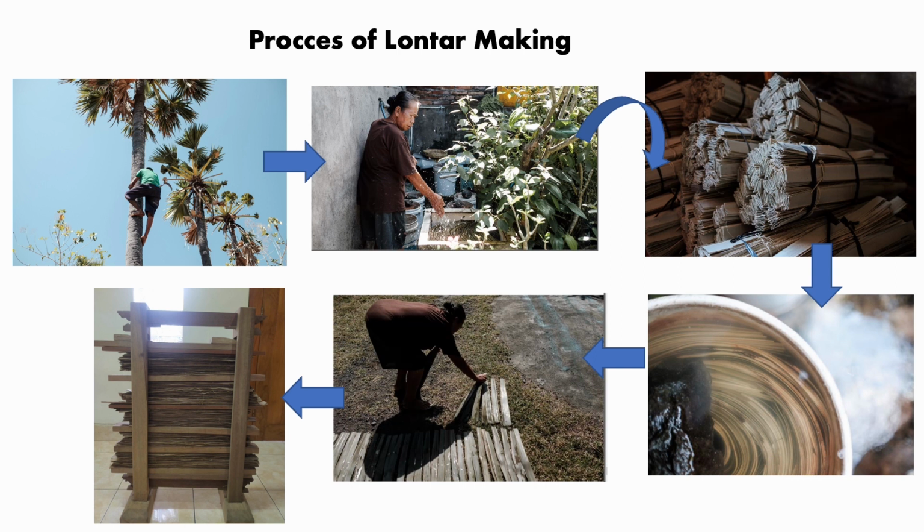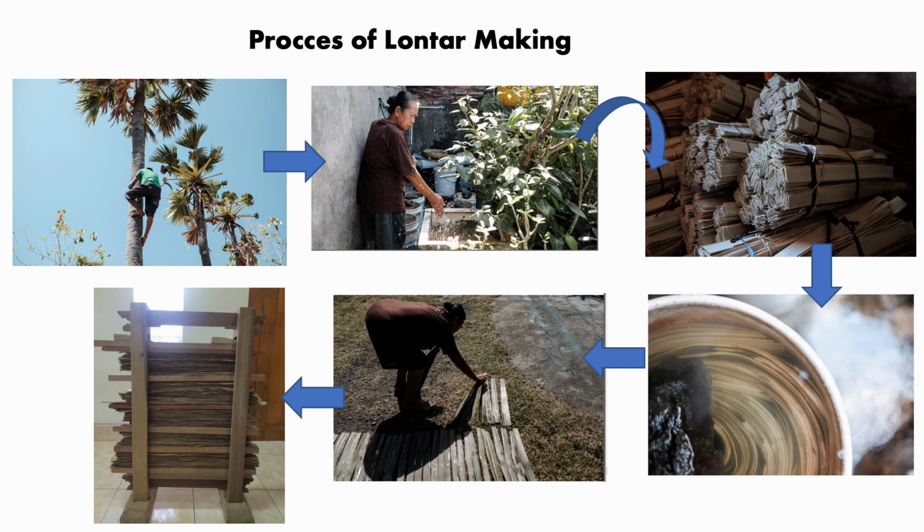In the fifth image, we dry the palm leaf under the sun, and then the last step is pressing the leaves with specific tools. In the last image, we call the tool pemlagbag.